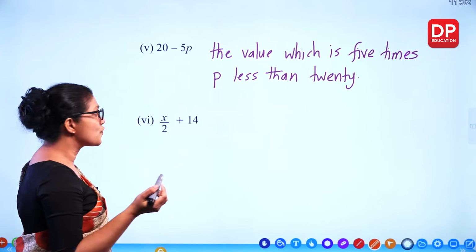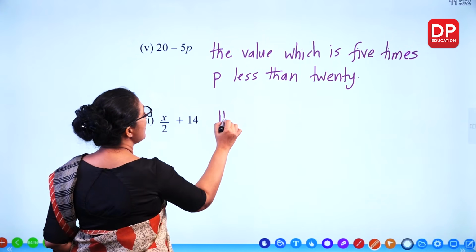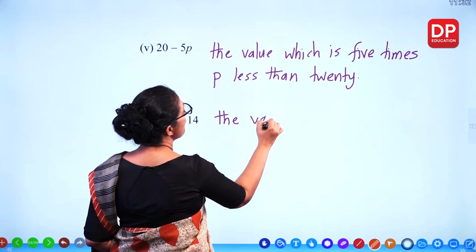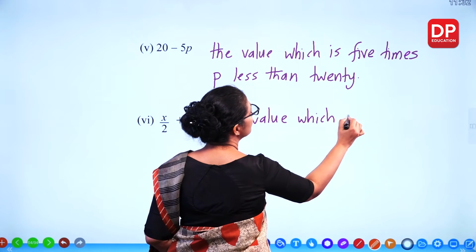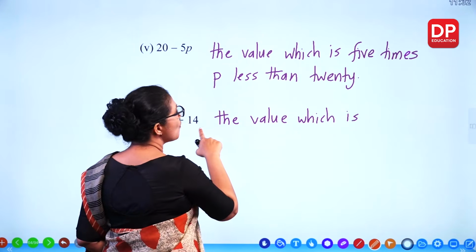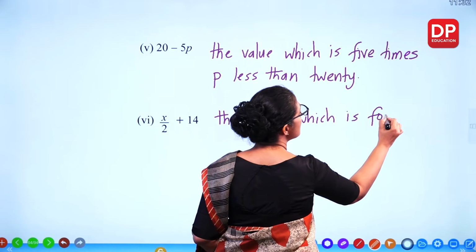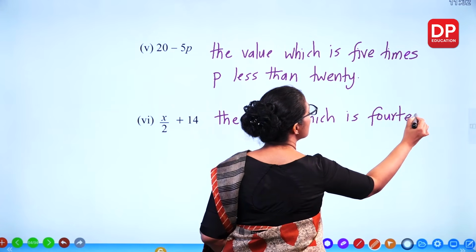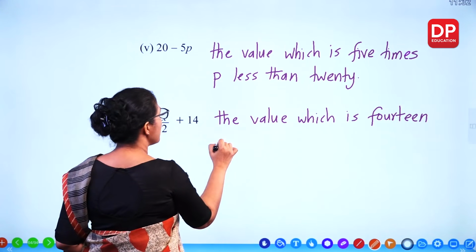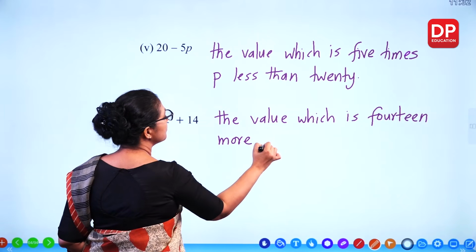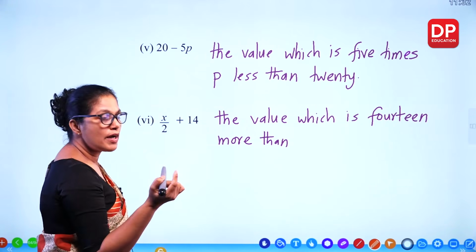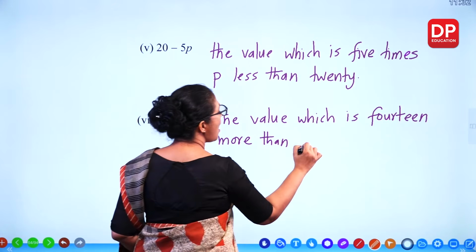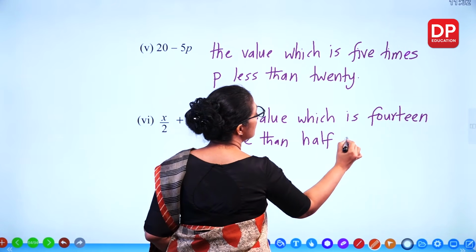This one plus 14. The value which is 14 more than half of x. X over 2 means half of x.